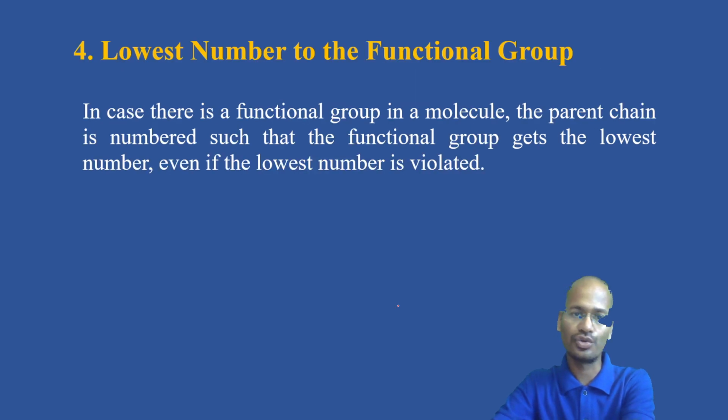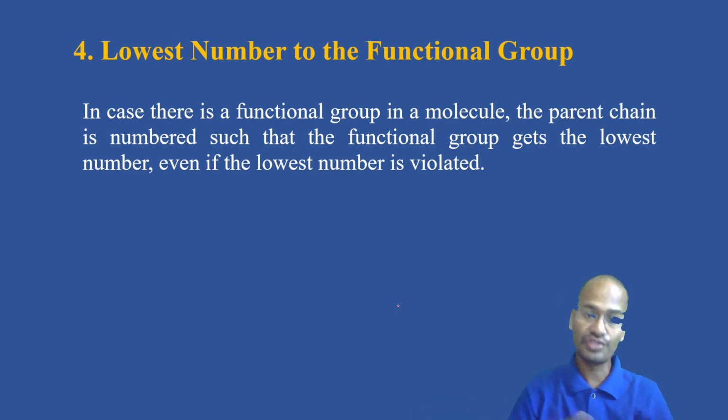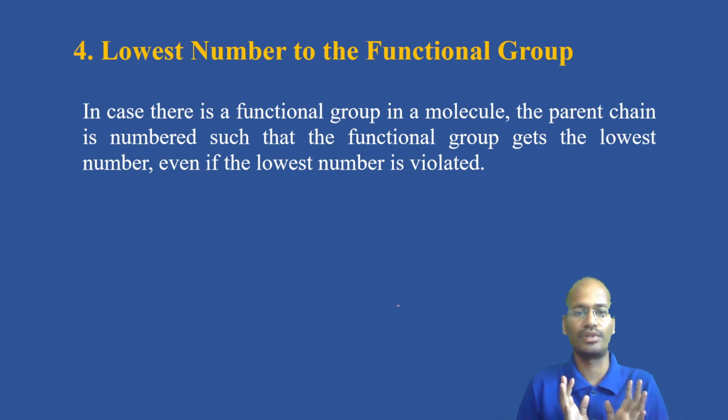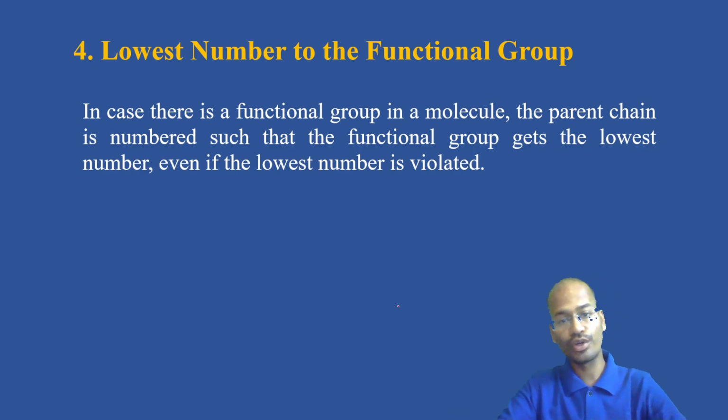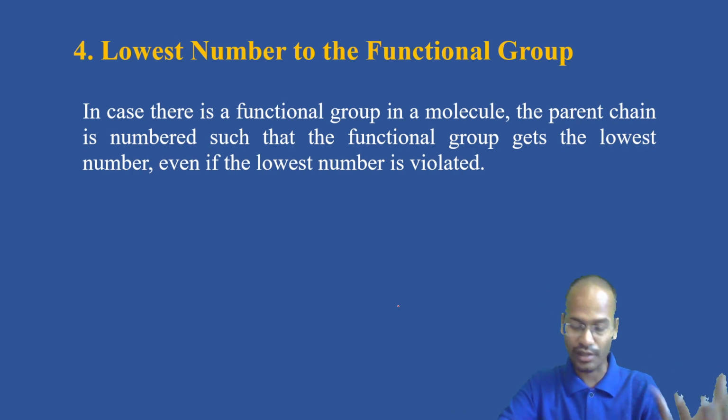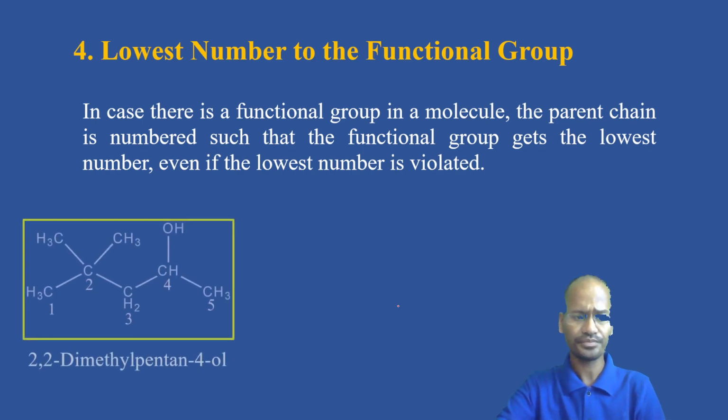So let's go to the next rule, lowest number to the functional group. In case there is a functional group in the molecule, the parent chain is numbered in such a way that the functional group is going to get the lowest possible number. Even if the lowest number rule for substituents is violated, we choose this. Let us work out with the help of examples.